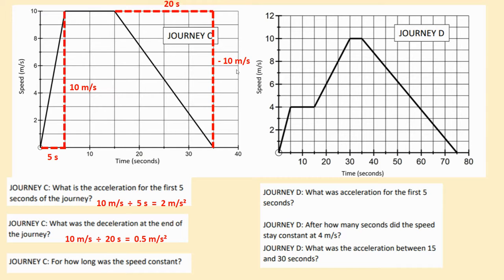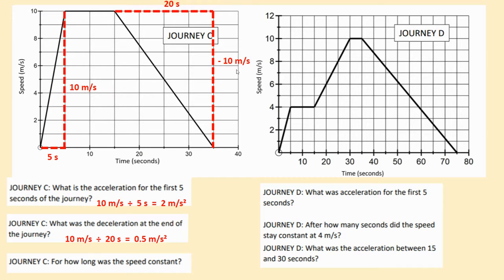So the calculation is 10 meters per second divided by the 20 seconds, which gives us 0.5 meters per second squared. The reason for that is the fact that it is deceleration. If we were asked for acceleration, then it would be negative 0.5 meters per second squared. So just be mindful of the fact that deceleration can be written as negative acceleration.